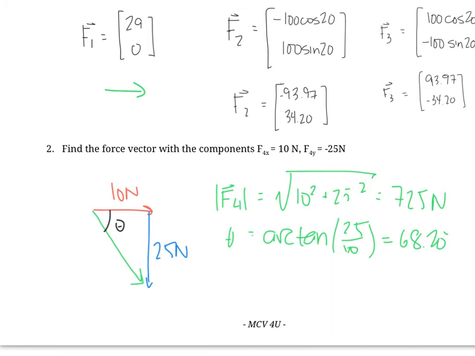So notice how I found that F4, the magnitude, is 725 newtons, and the theta, the angle, is 68.2 degrees. So our final answer for F4 is 725 newtons, and the direction is going to be east and then 68.2 degrees to the south. There is our final answer.